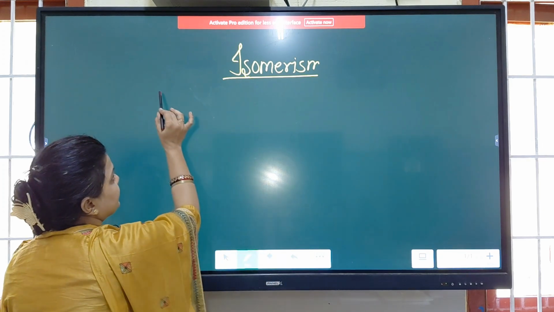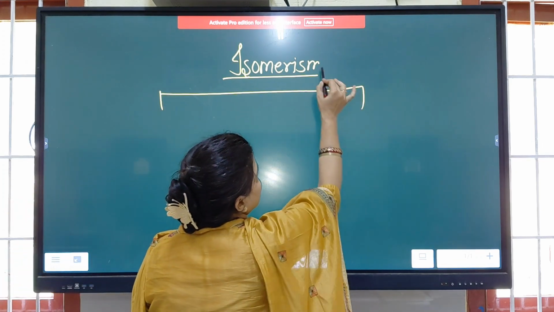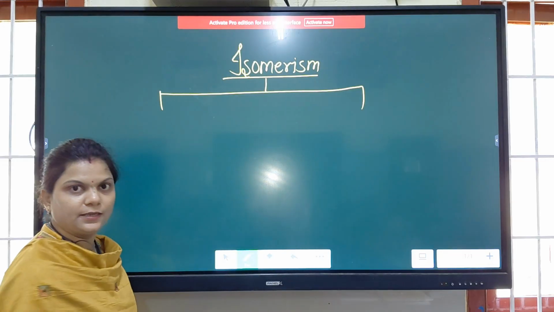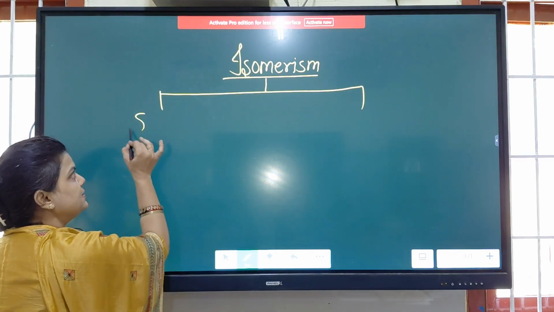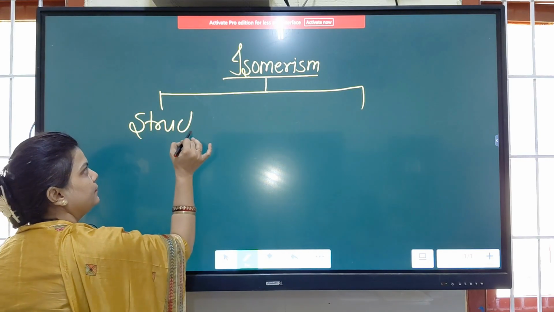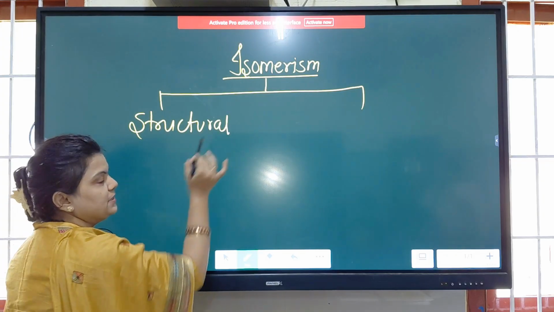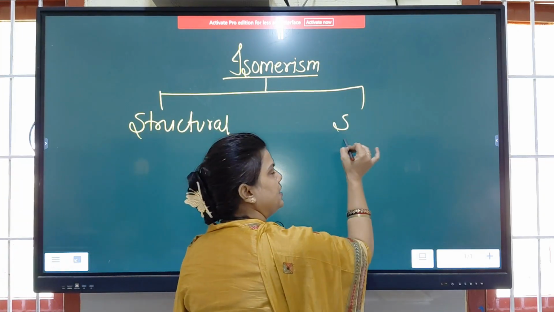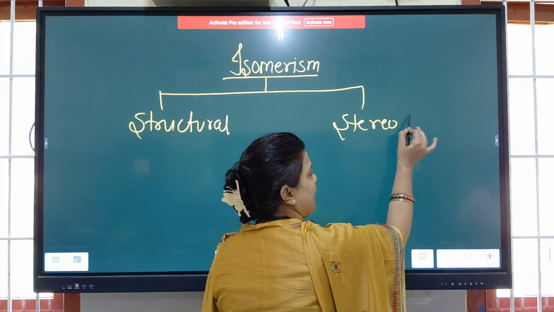When we go to its classification, it is classified into two categories. First is known as structural isomerism and second is known as stereoisomerism.